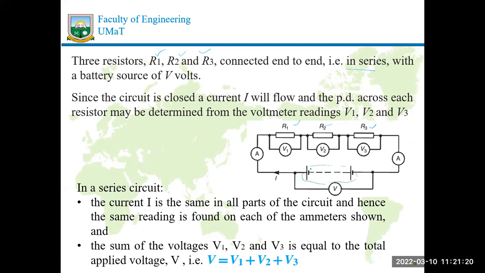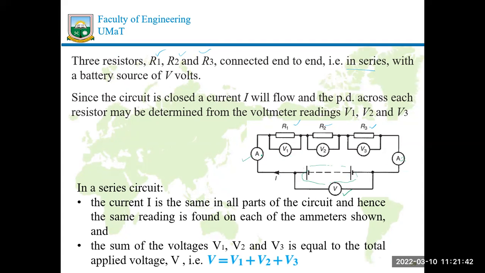Remember, before we got here, I taught you that if you don't know the value of the voltage source, you can use a voltmeter. So that is what we have here. The voltmeter is measuring the voltage across the cell. We have two ammeters, ammeter 1 and ammeter 2.